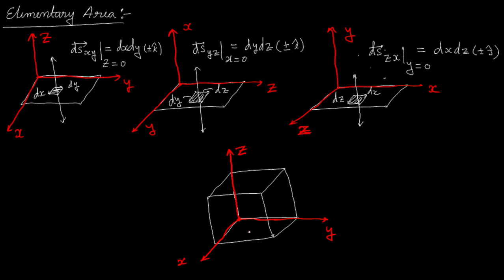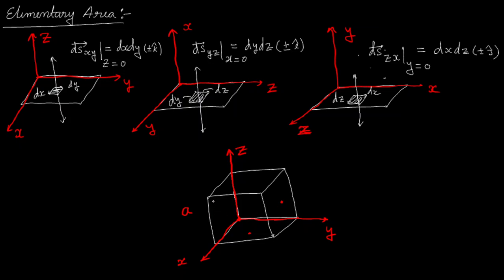See, if we take the bottom surface, z will be 0 on the bottom surface, and it is constant over the surface. Now x and y will be variable, so it will be the xy plane. Then on this other surface, y will be constant, but x will vary from 0 to A, since the cube has side A, and z will also vary from 0 to A. So this surface will be the zx plane.